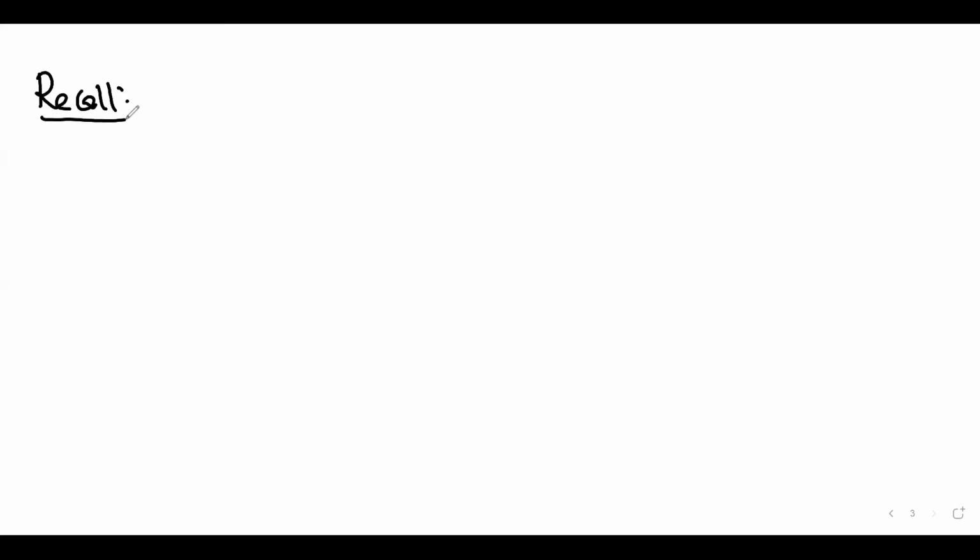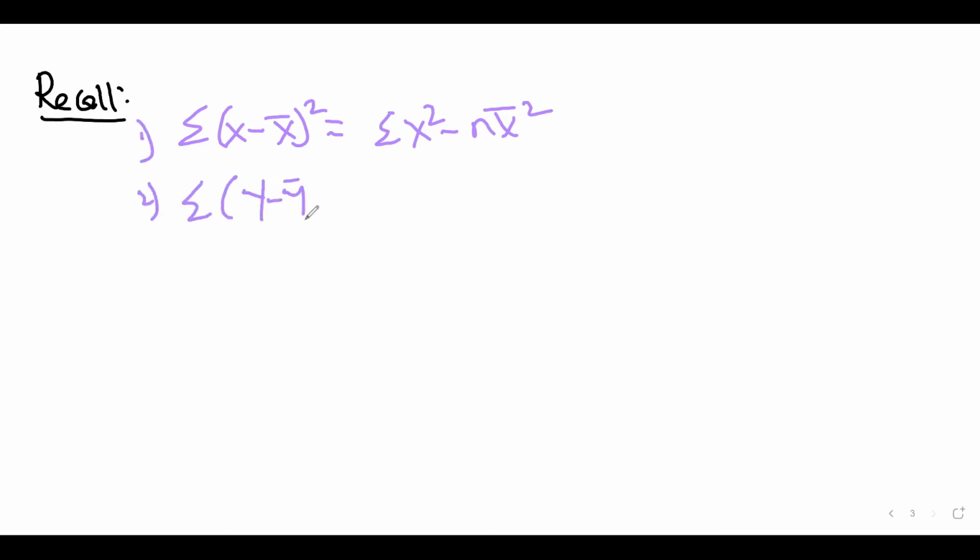If you take the summation of x minus x bar squared, this is the same as the summation of x squared minus n x bar squared. Using the same logic, you can express the summation of y minus y bar squared as the summation of y squared minus n y bar squared.